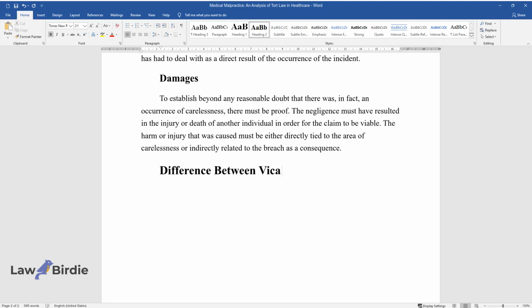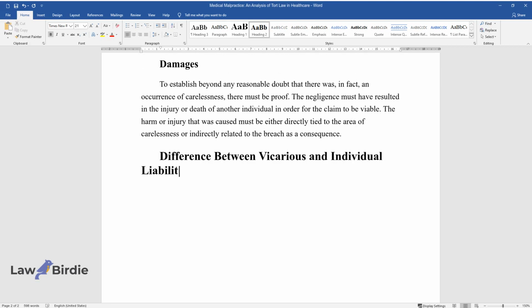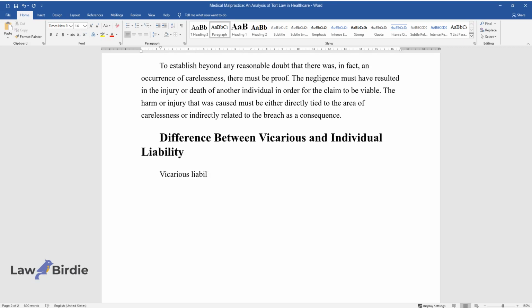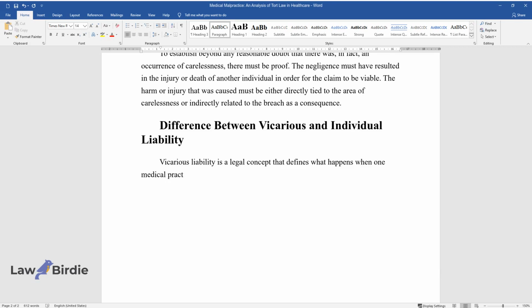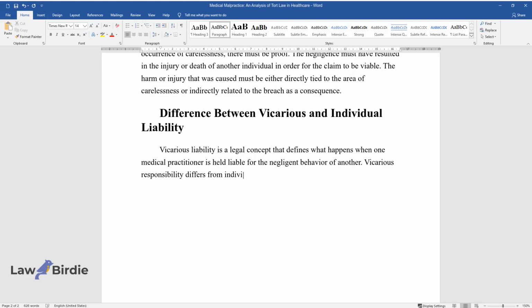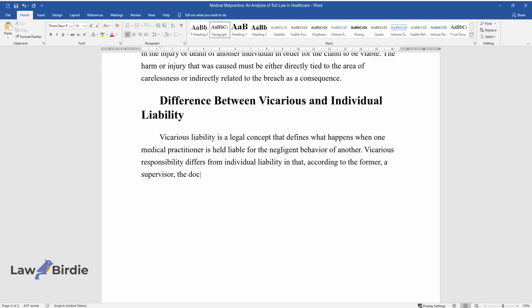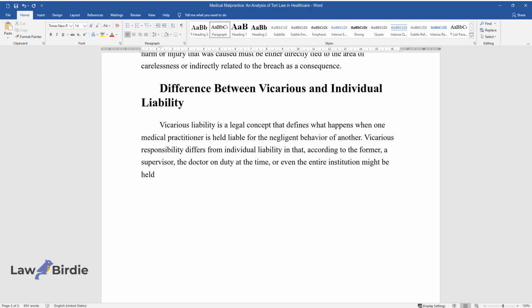Difference between vicarious and individual liability. Vicarious liability is a legal concept that defines what happens when one medical practitioner is held liable for the negligent behavior of another. Vicarious responsibility differs from individual liability in that, according to the former, a supervisor, the doctor on duty at the time, or even the entire institution might be held liable for the negligent conduct of a single medical practitioner who works there.